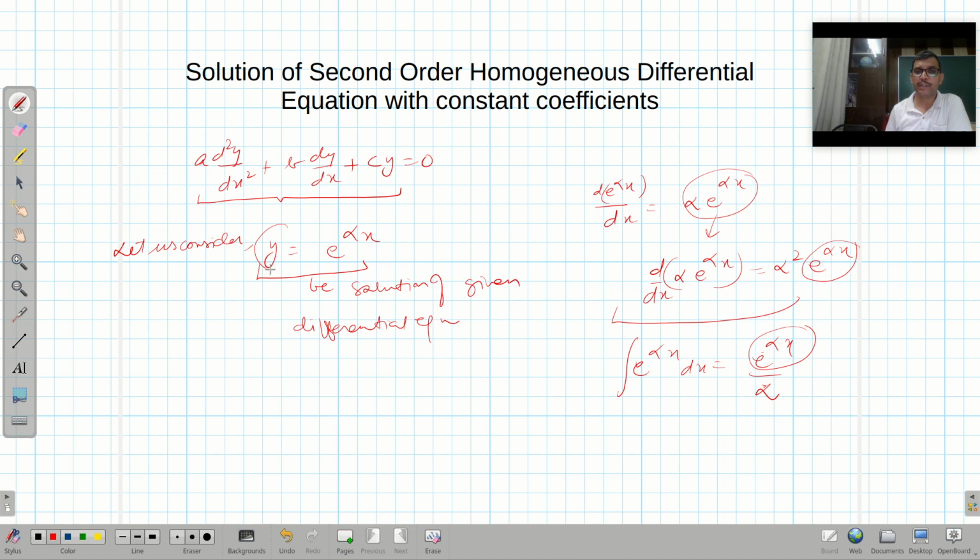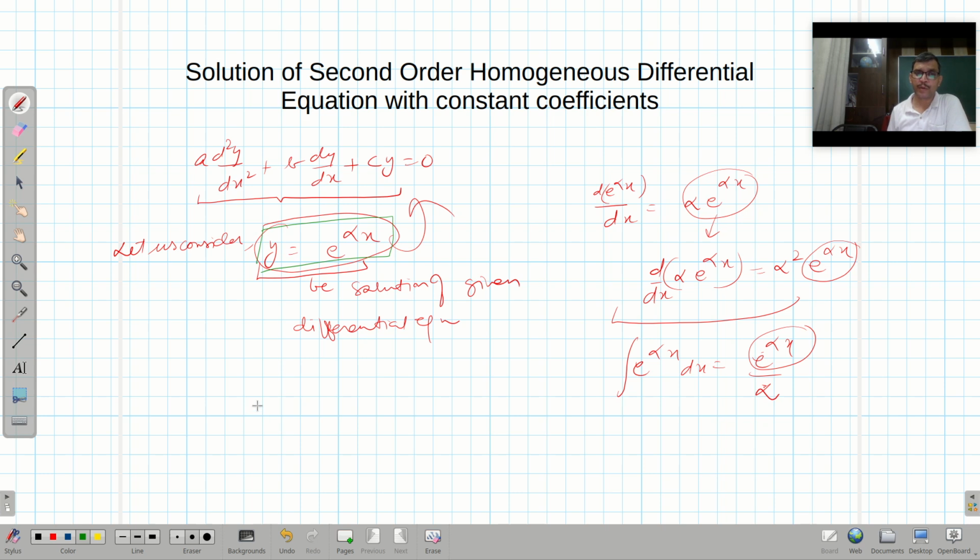If I assume that this is the solution of the given equation, that means it must satisfy the equation, right? I'm just assuming, and what the form should be, we will discuss later on.